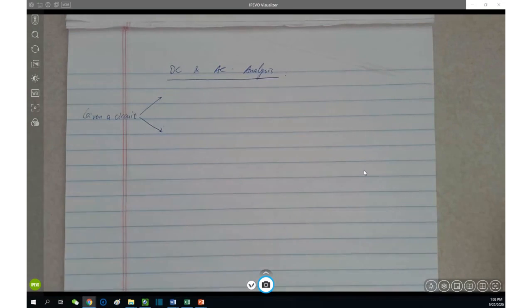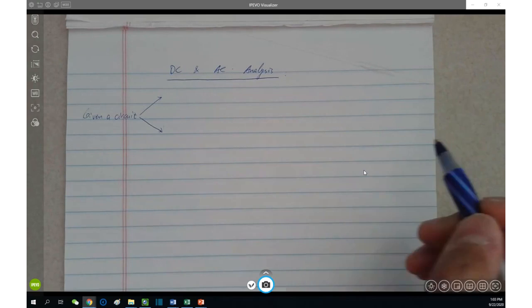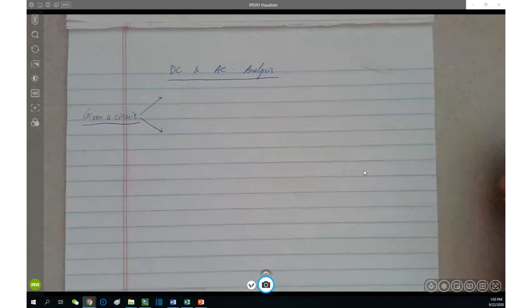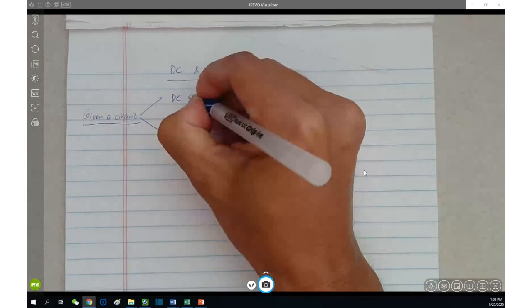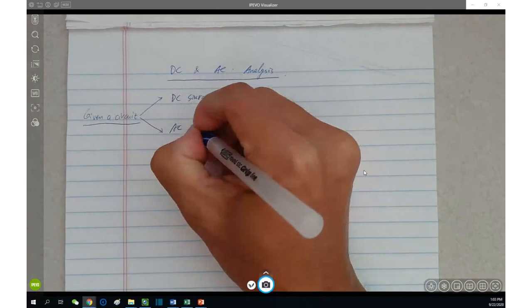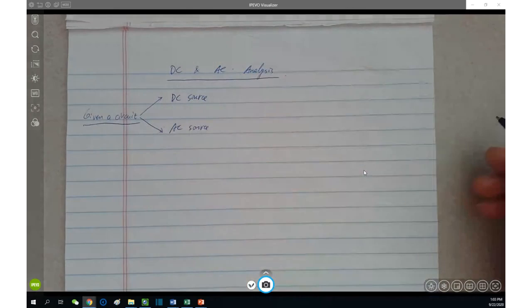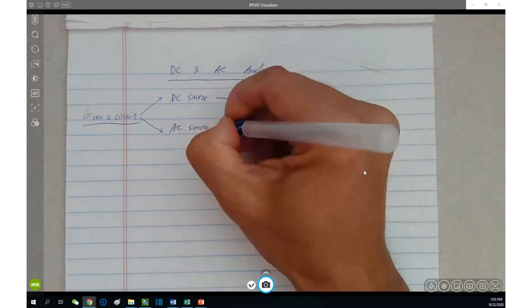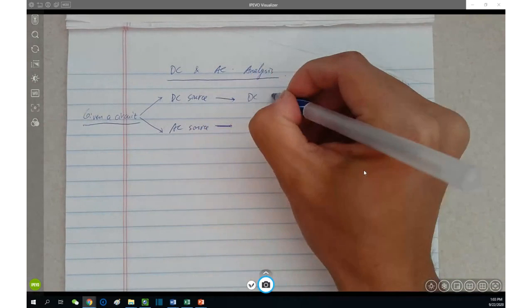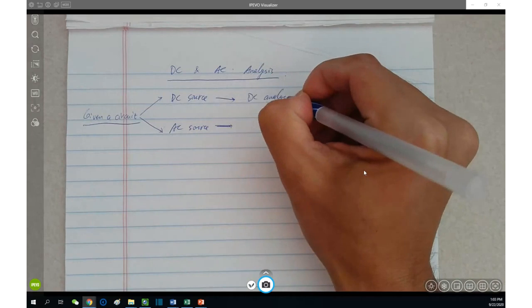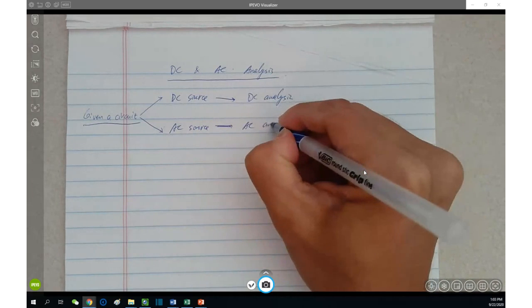Given the circuit, you might have a DC source and an AC source, and they respectively introduce the DC analysis and AC analysis.